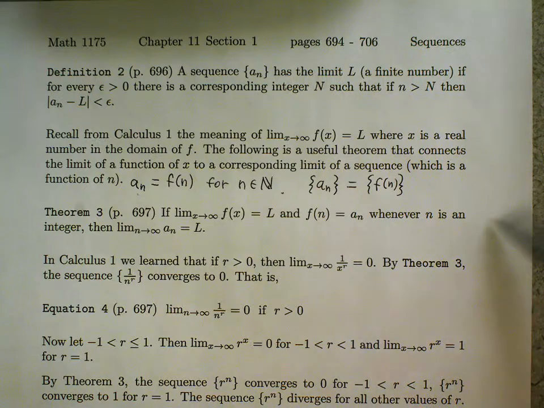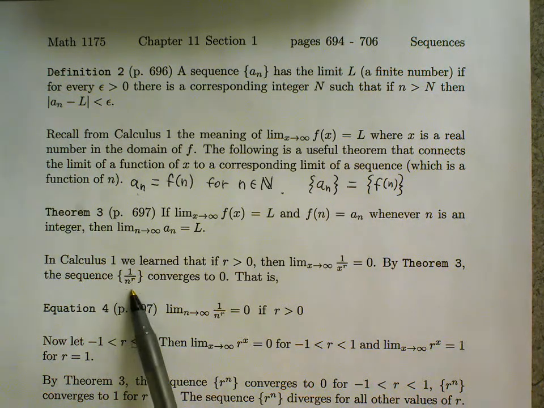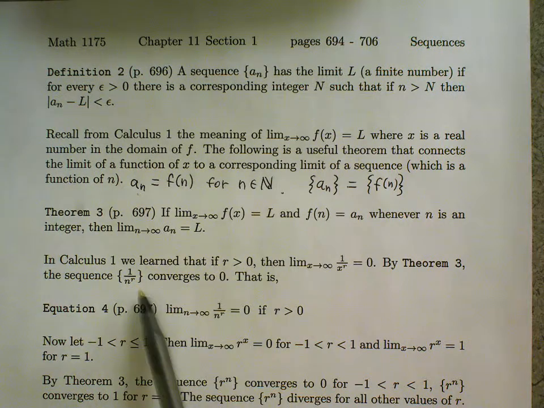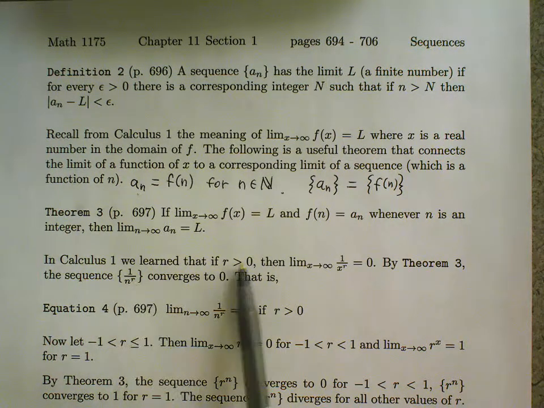So by applying Theorem 3 to sequences, if we have a sequence 1 over n to the r, then that sequence converges to 0, provided that r is greater than 0.